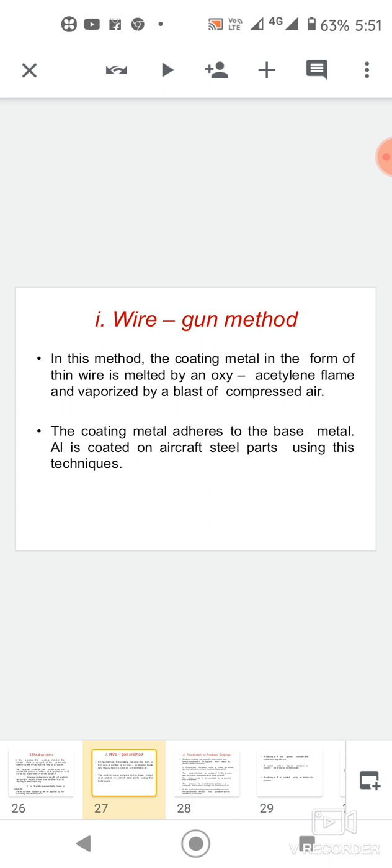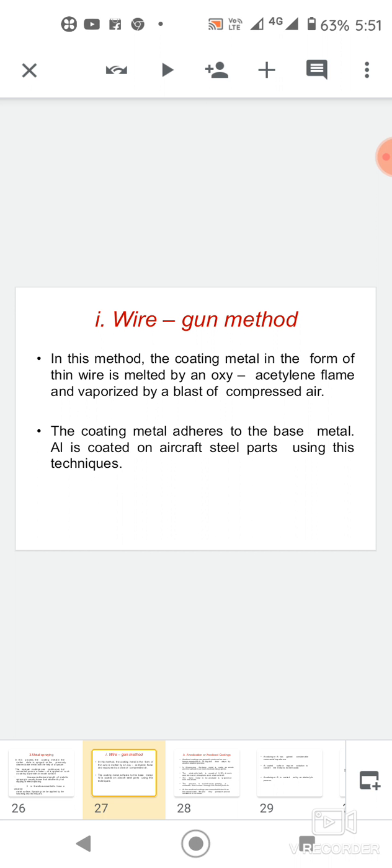The metal is less expensive in wire form. It is more readily available and easily handled. However, it requires gears to feed the wire through the tip into the flame as fast as it melts.